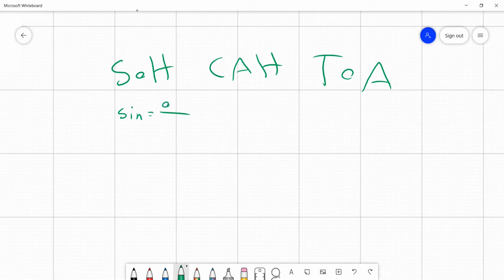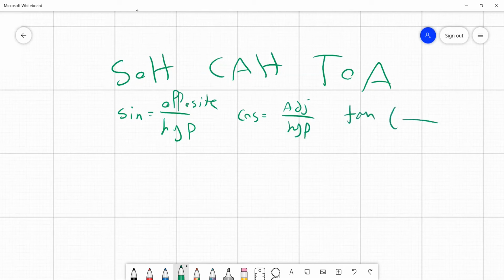But SOH CAH TOA: SOH stands for sine, opposite side over the hypotenuse. The cosine, C for cosine, equals the adjacent over the hypotenuse. And finally, the T for tangent, and the O, opposite, and the A standing for adjacent, opposite over adjacent.